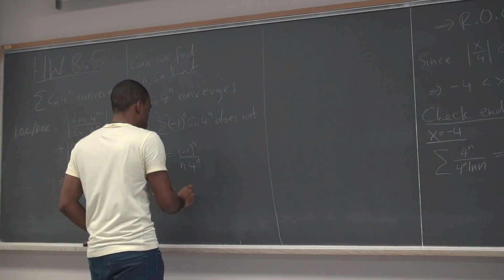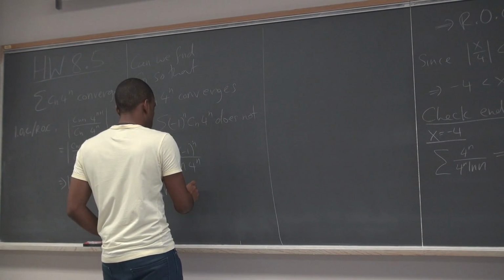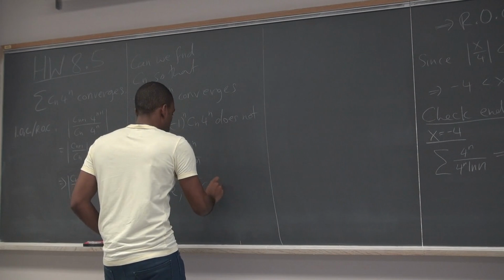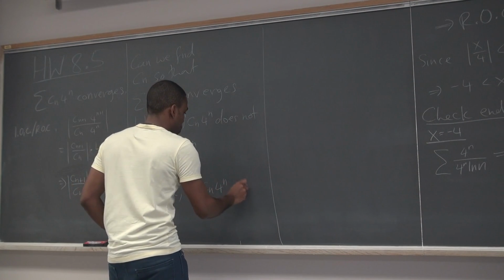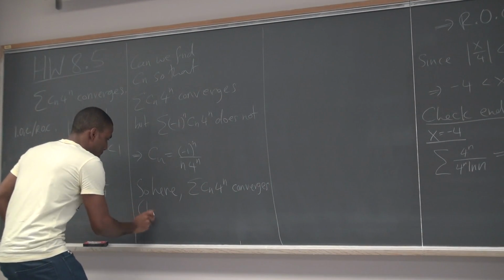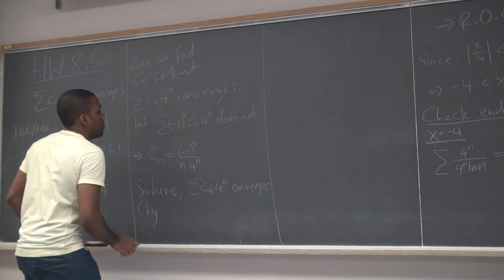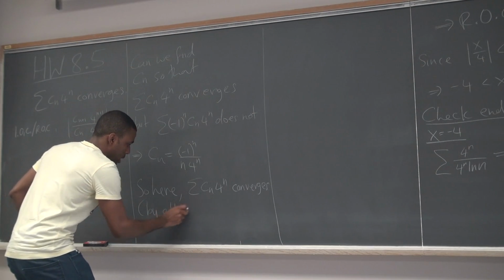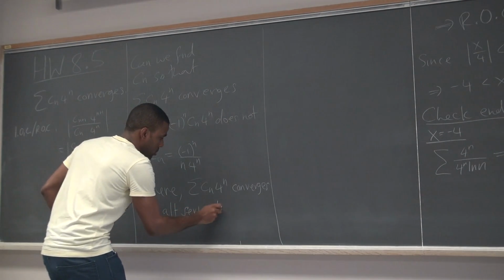So here, Cn 4 to the n converges by alternating series test.